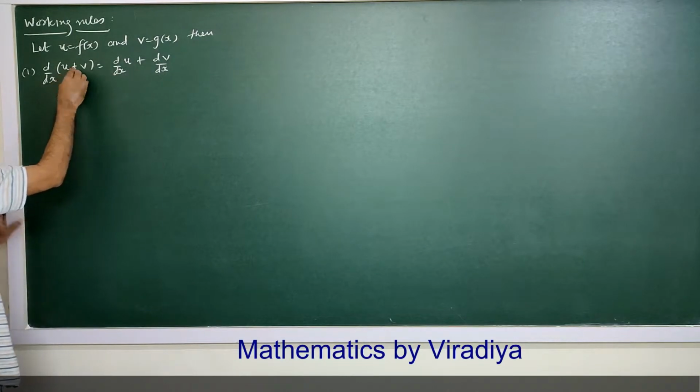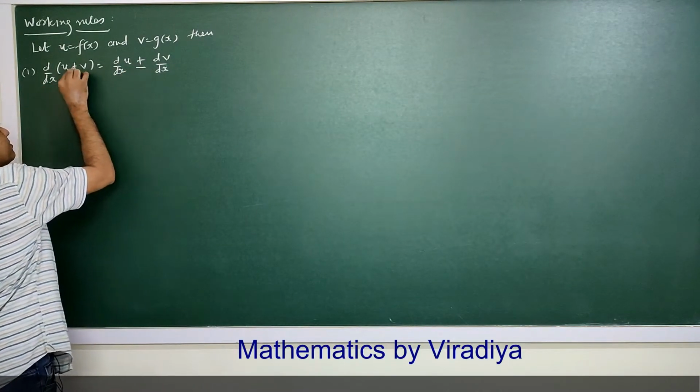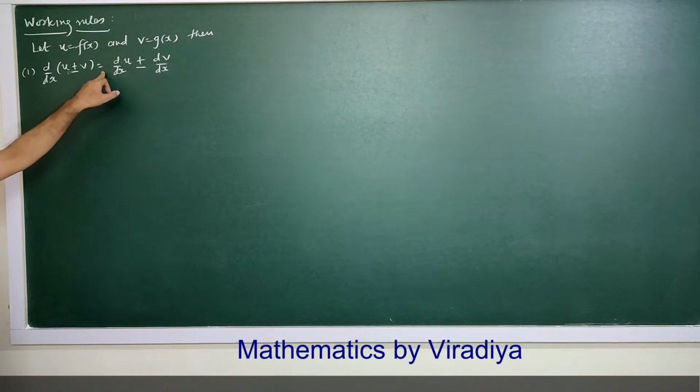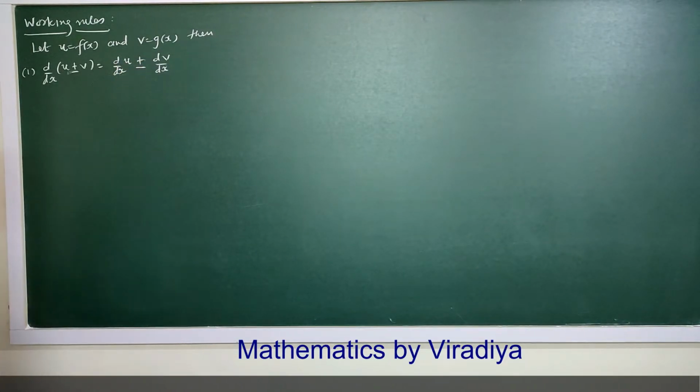And if here we put minus, then here there will be minus. So the derivative of a sum or difference is equal to the sum or difference of their individual derivatives.